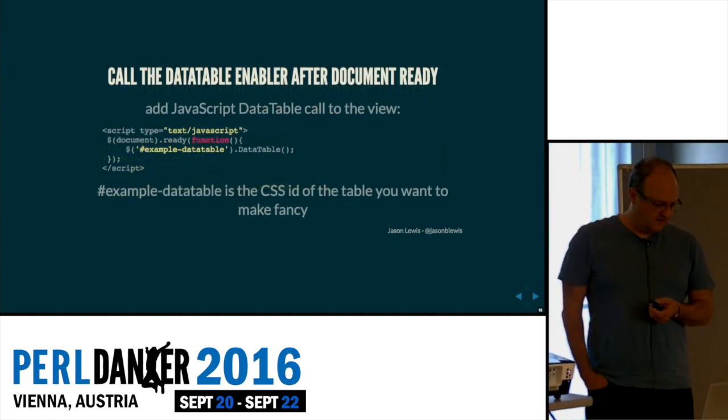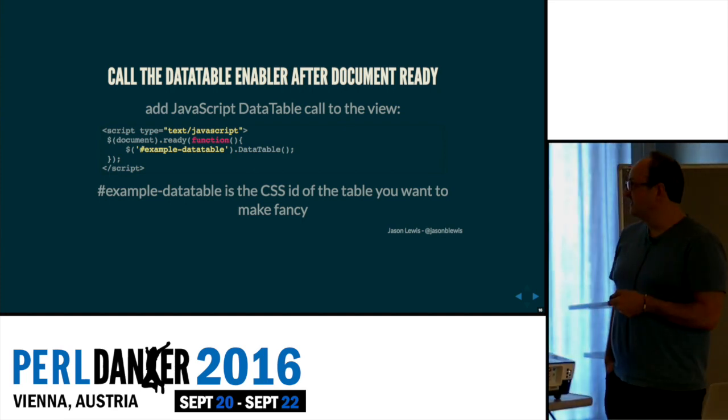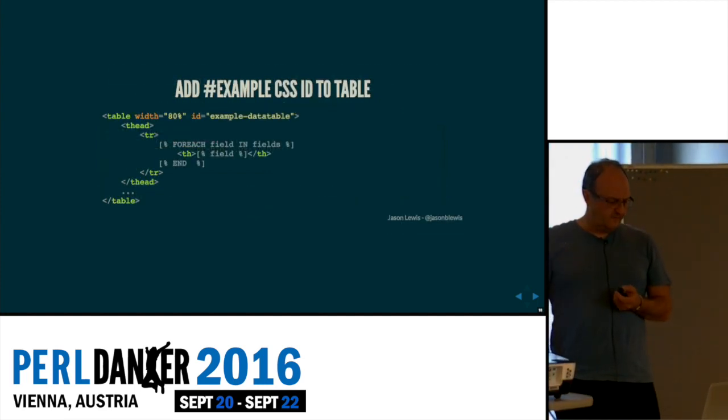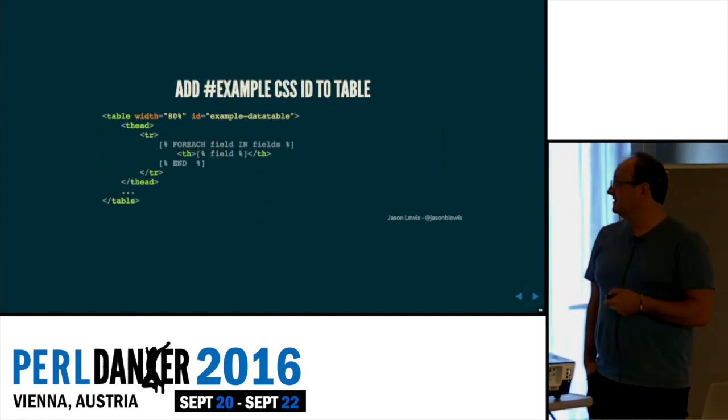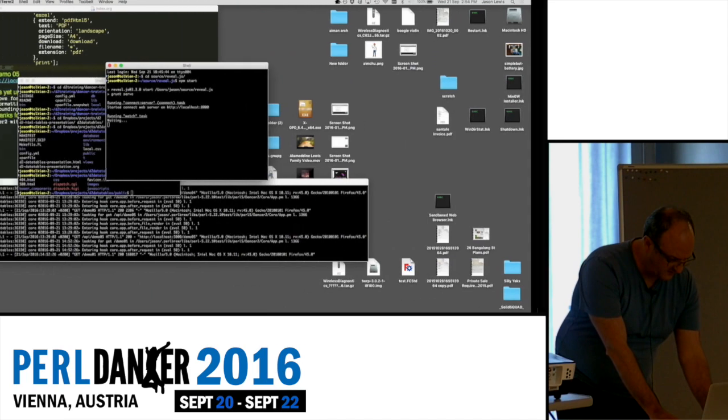And then in your view, you need to tell DataTables which table, the CSS ID of the table that you want to apply it to. And obviously you need to put the ID in the table like that. And then I'll show you what that looks like.